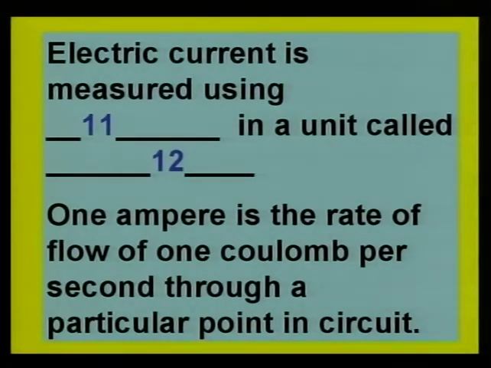You'll find that 1 ampere is the rate of flow of 1 coulomb of charge that will pass a point in a circuit. Quickly have this one done. I have some more explanation on the board, and I will explain to you how it is taken.